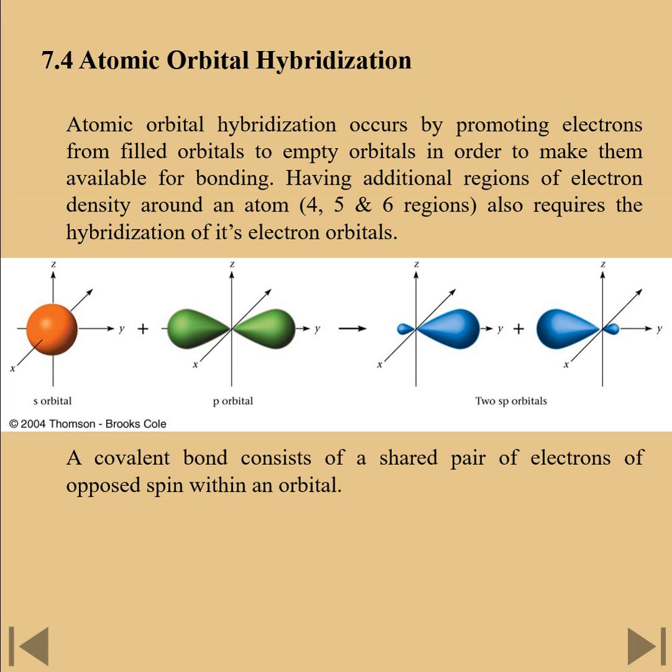But we tend to need to hybridize these atomic orbitals when either they don't have a shape that's conducive to forming a bond between the 2 atoms, or their orbitals are filled in such a way that they're not available for bonding.